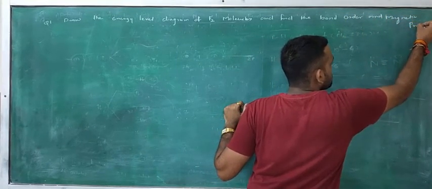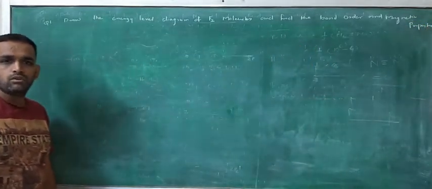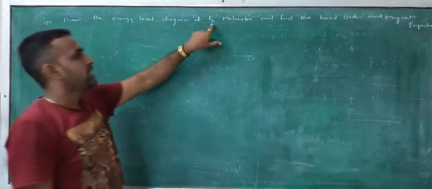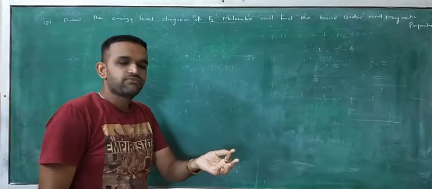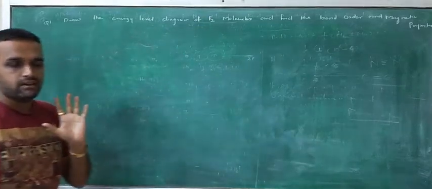Okay, so this type of question will be asked, right? Now first of all, you have to know that the energy level diagram of O2, F2 and Ne2 will have the same energy level diagram, right?